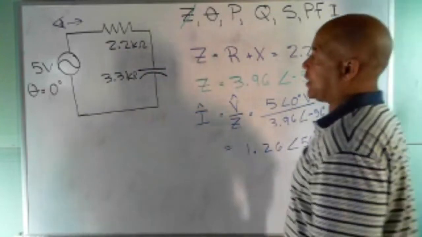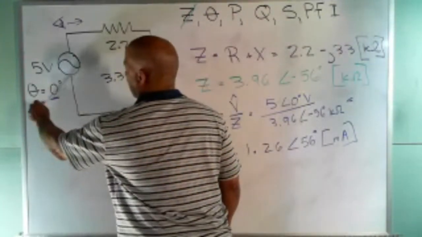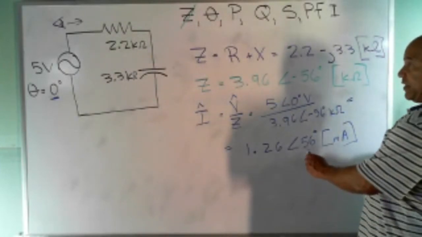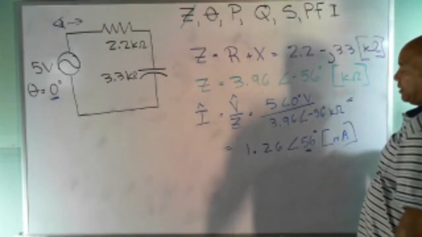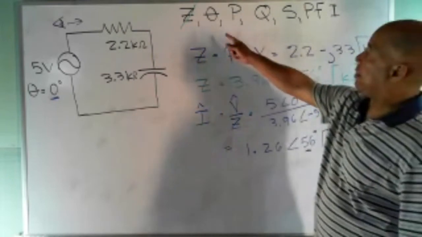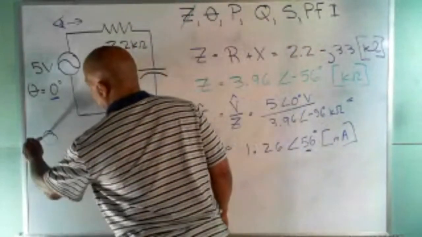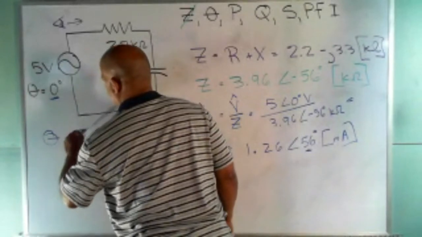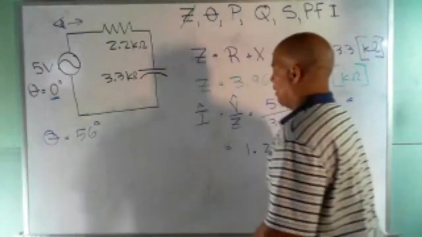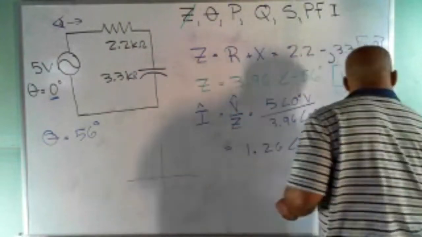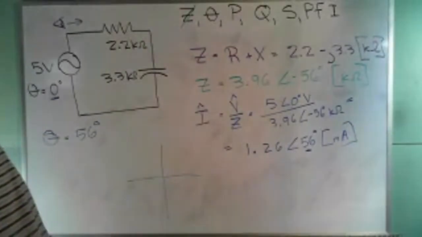Now you can see my voltage is at 0 degrees and my current is at 56 degrees. If you draw a phasor diagram, you can really see it. I always like to draw it because I can get an idea where things are.